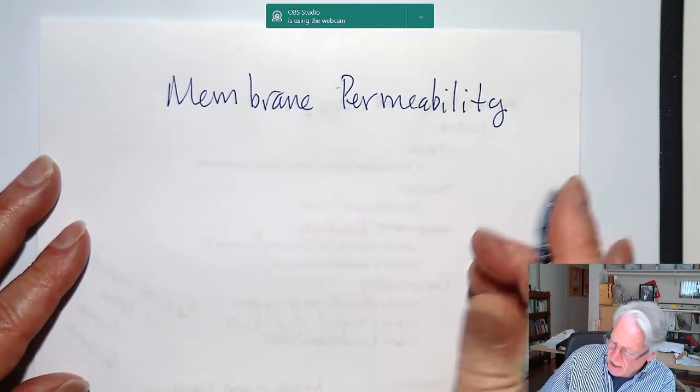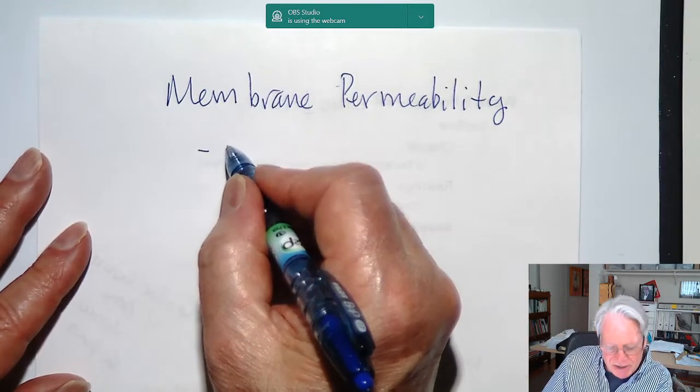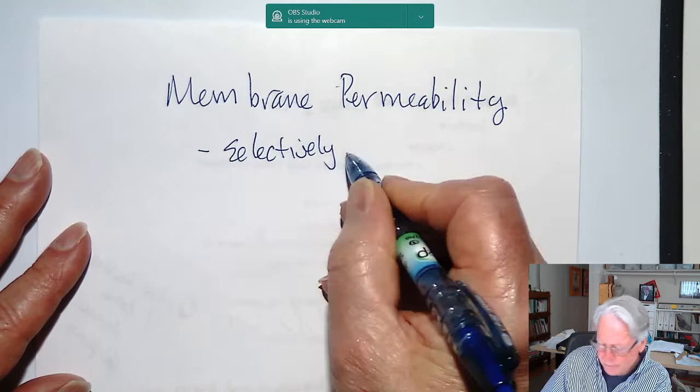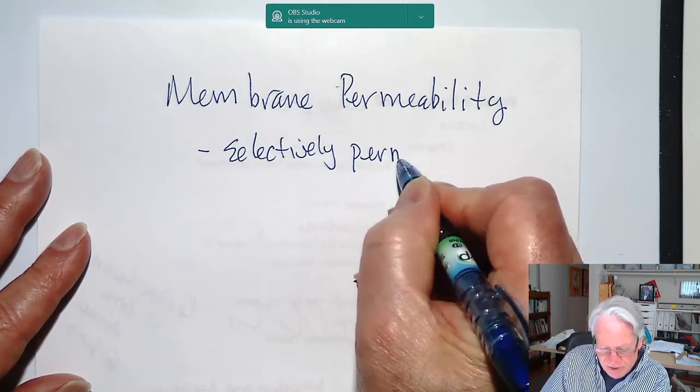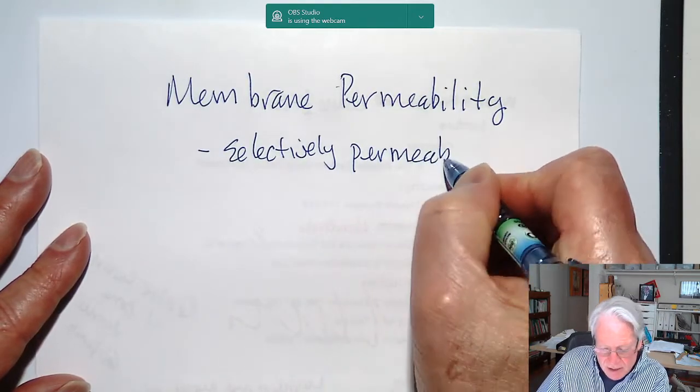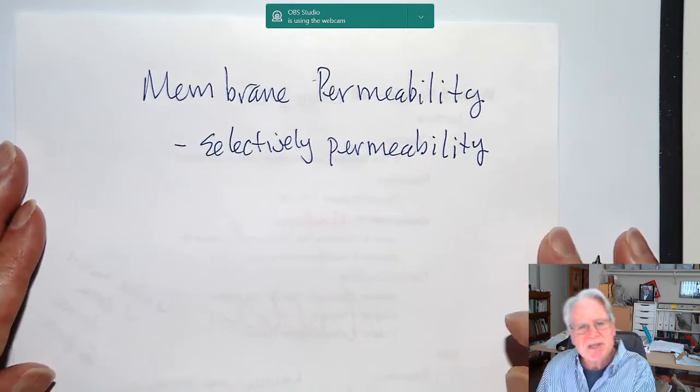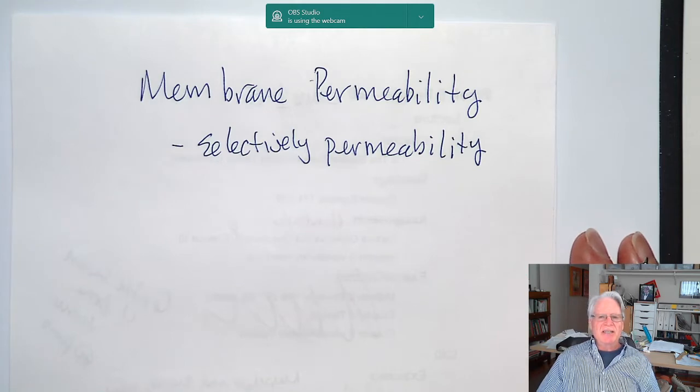Okay. Remember that the membrane is selectively permeable. We use this term quite often, and what we're going to see is how this comes into play. Selectively permeable, meaning that some things pass through and some things do not.